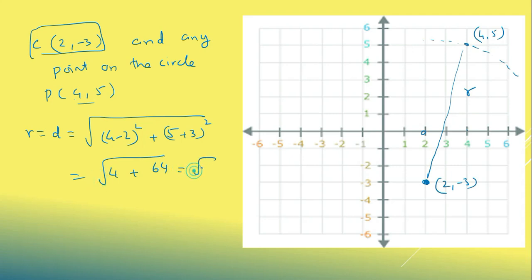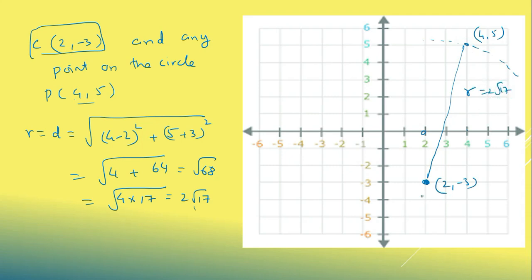And this is square root of 68, which can be written as 4 times 17, and it is 2 times square root of 17. Isn't it? Square root of 17 is slightly above 4, so this is around 8. The radius is more than 8 units, which is 2 times square root of 17.